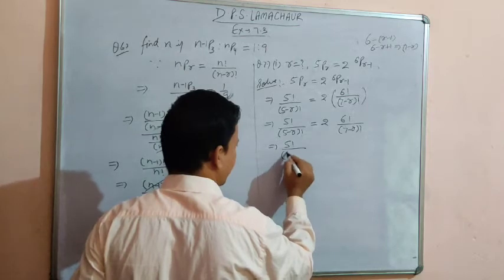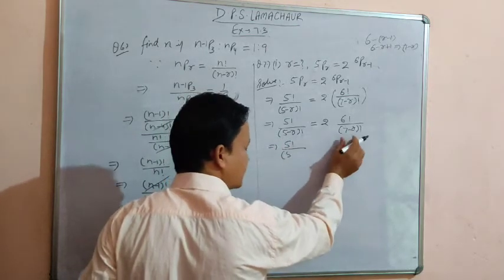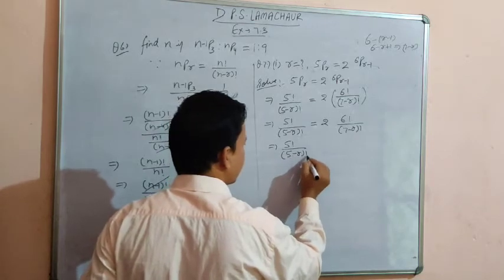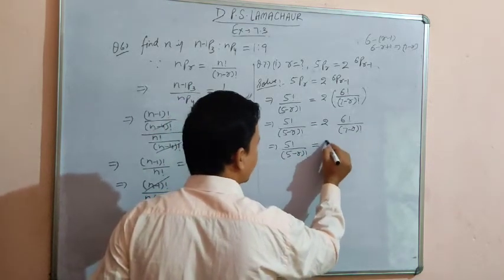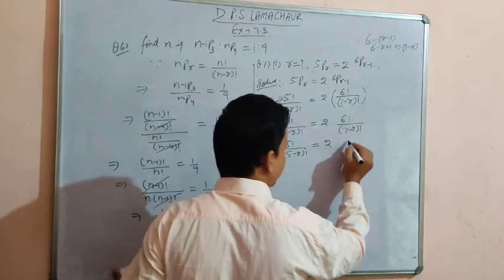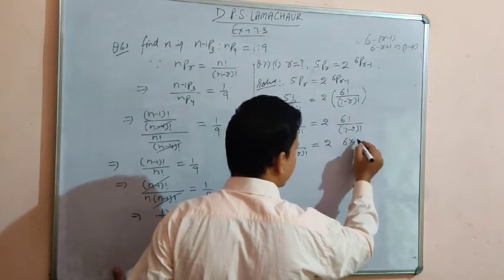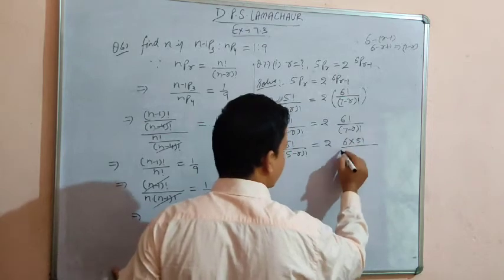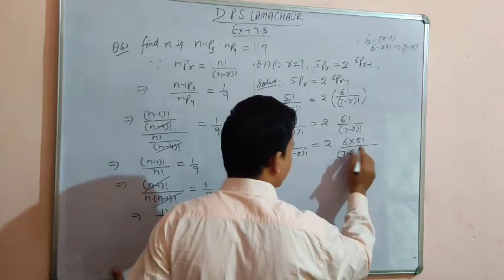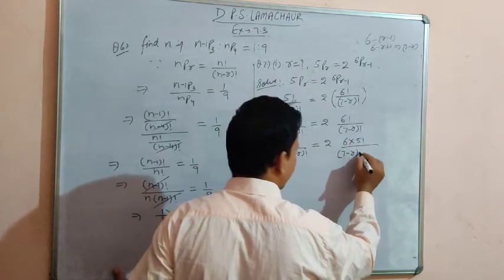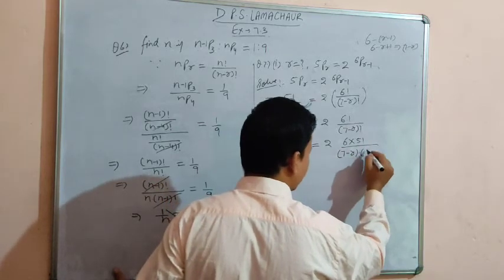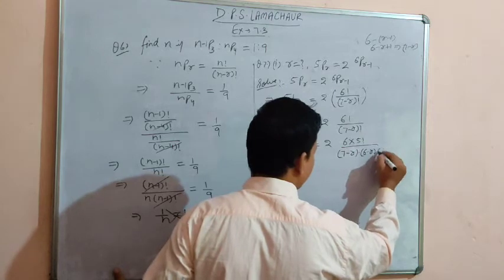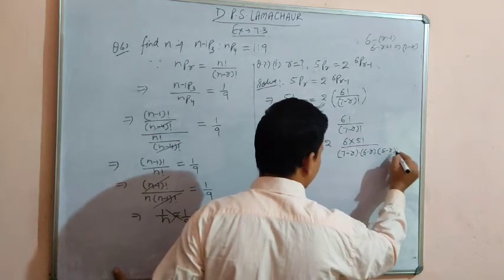In 5 minus r and 7 minus r, 7 minus r is greater, so write it as it is and break it. 6 factorial can be expanded as 6 into 5 factorial. 7 minus r factorial can be expanded as (7 minus r) into (6 minus r) into (5 minus r) factorial, and stop here.